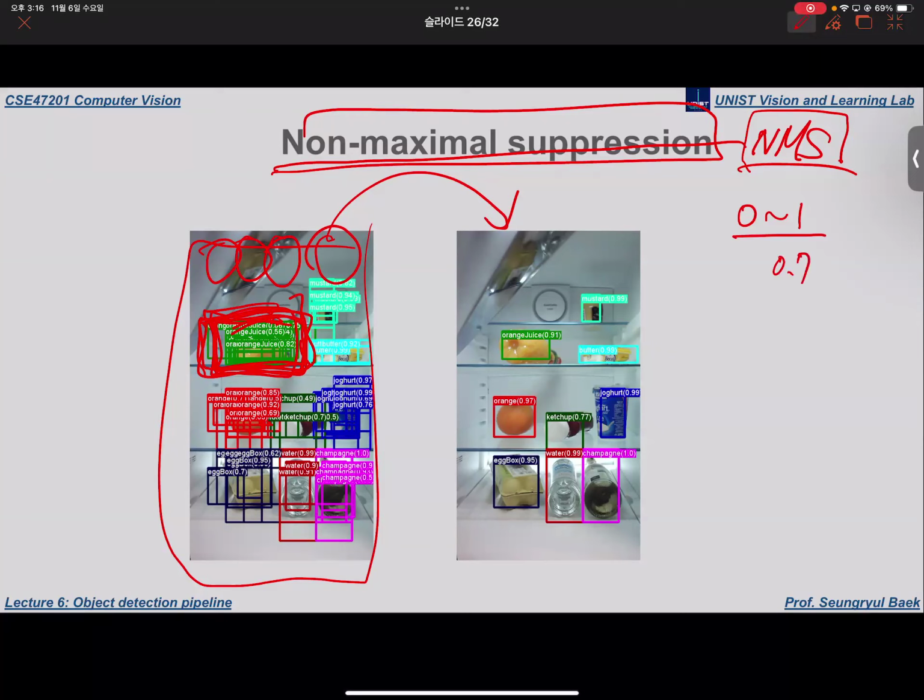So normally the threshold might be around 0.7 or so. If two bounding boxes have an IOU over this threshold, it means the two bounding boxes are close to each other. Among these two bounding boxes, we pick the one which has the higher confidence value. Then only the box which has the highest confidence value will remain like this. Are you following this?